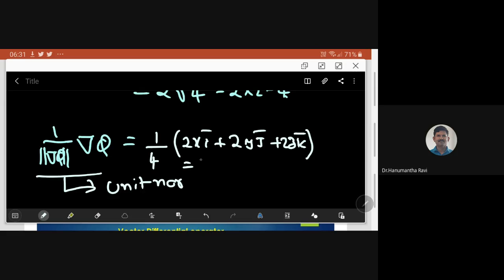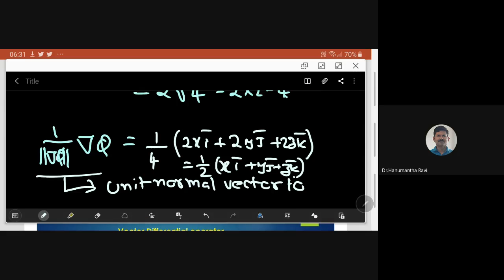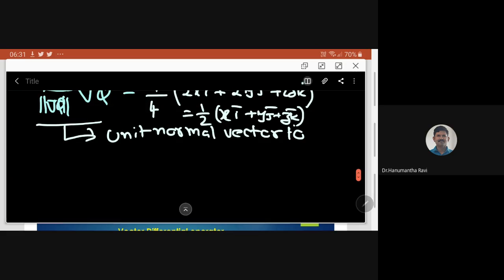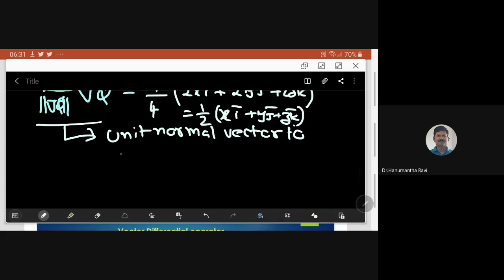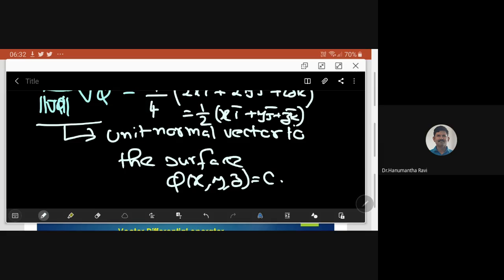So you can write like this: the unit normal vector to the surface phi equal to c. This is another thing to be noted.